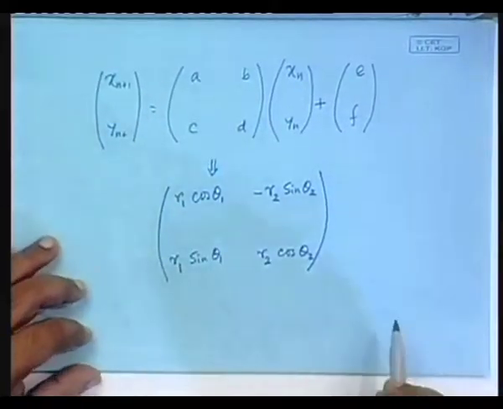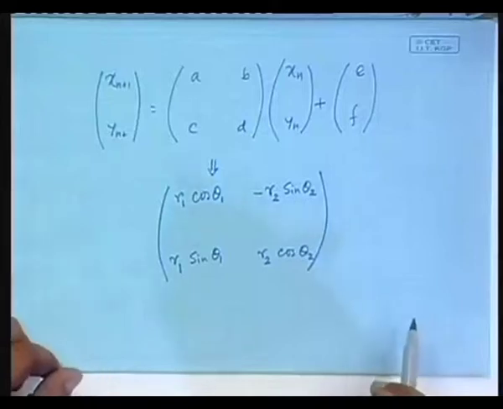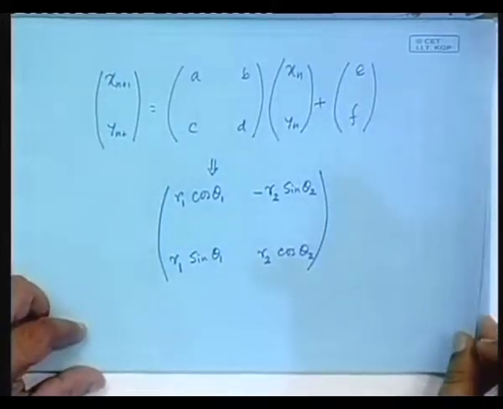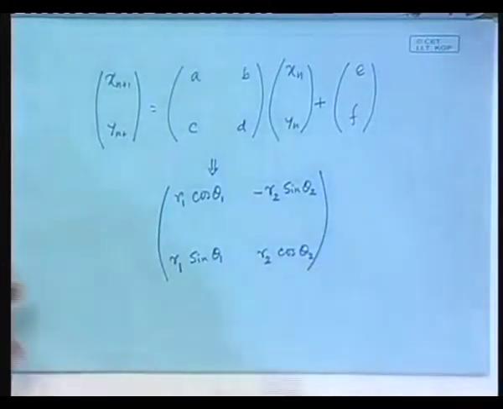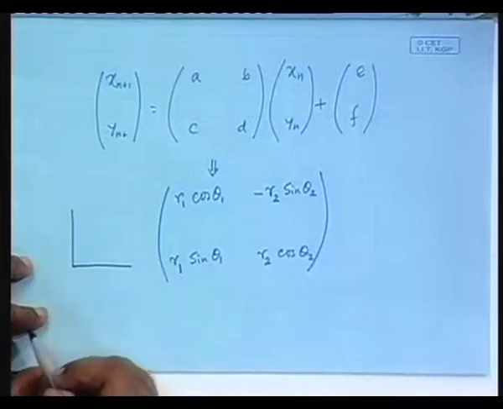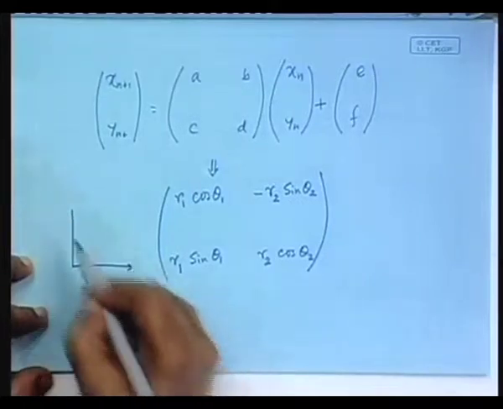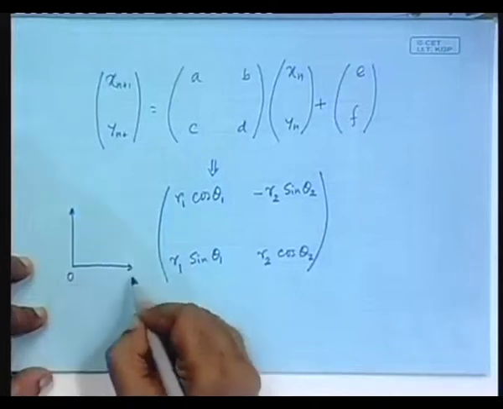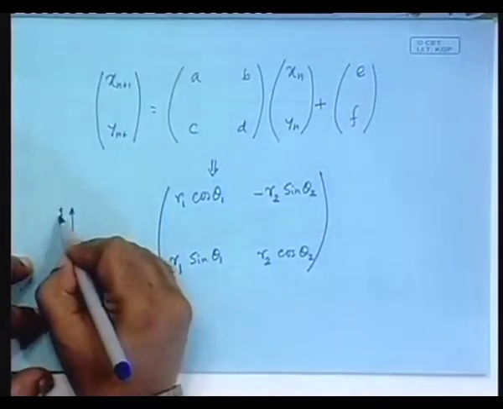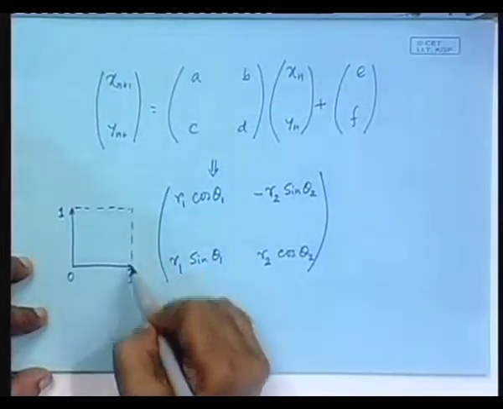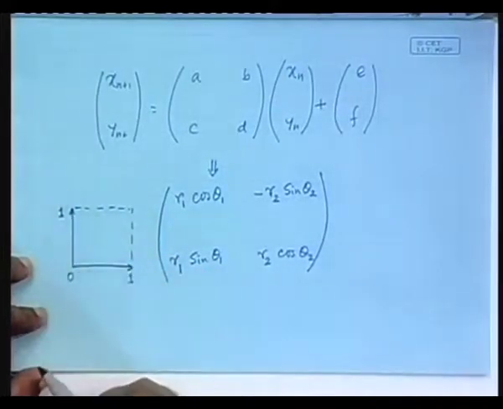What are these angles? Well, it is not difficult to see. Suppose you have a 2D coordinate system in x, y, and you have defined a square 0 to 1, 0 to 1.